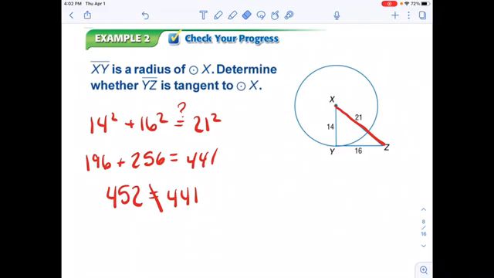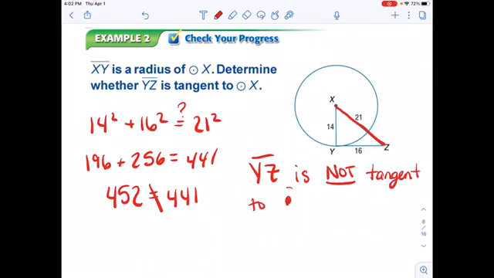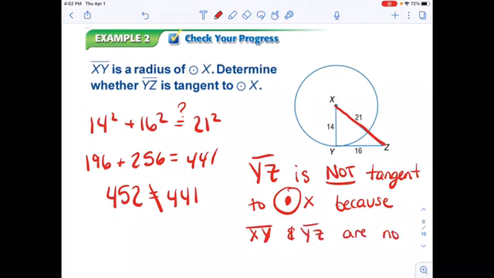So this is not a right triangle. Thus, segment YZ is not tangent to circle X because XY and YZ are not perpendicular. Okay?